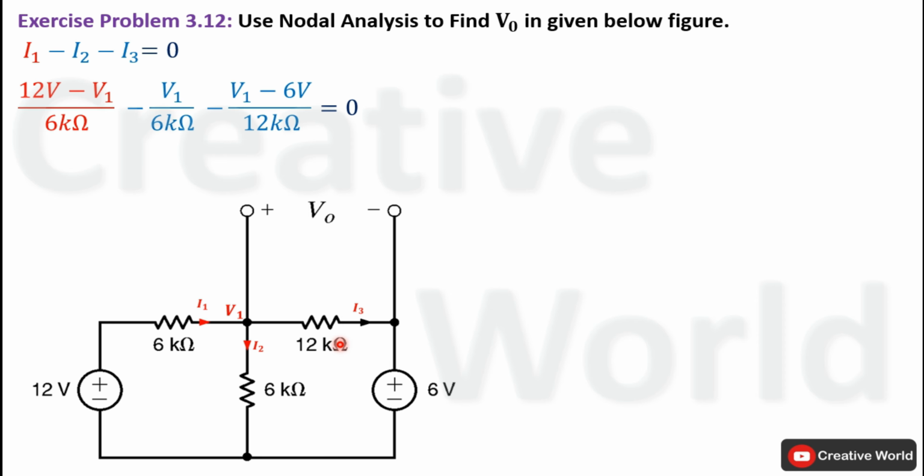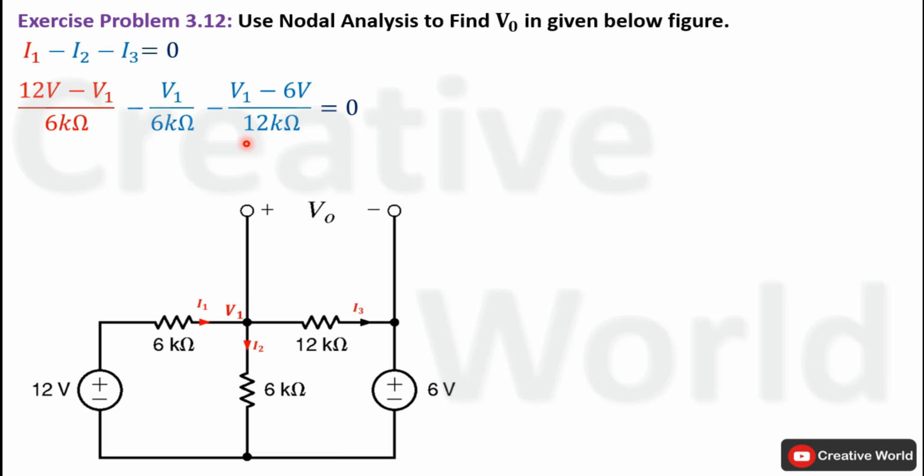Now in order to find the difference of these two voltage levels, we have to focus on the direction of current. Current I3 is flowing from voltage level V1 to 6 volt source, which is indicating that this V1 will be on higher potential than 6 volt. So we have to subtract 6 volt from V1. Difference of these two voltages divided by the value of resistance will be equal to current I3.